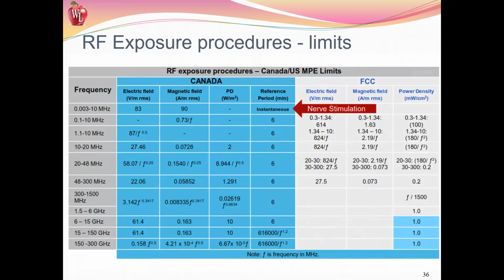Now this table just shows the difference, the RF exposure limits, MPE limits between US and Canada. Look at the table for your frequency range, and you get an idea of where you're at with the requirements for the FCC as opposed to Canada.